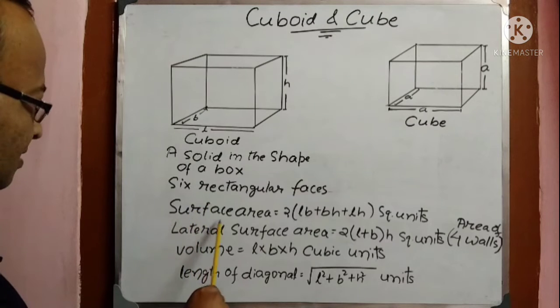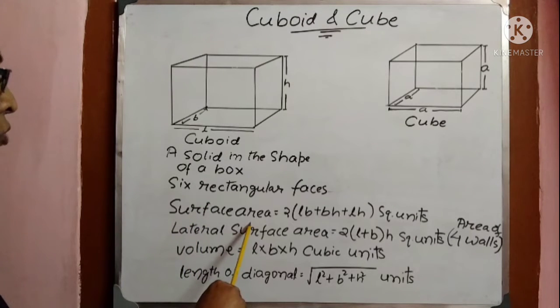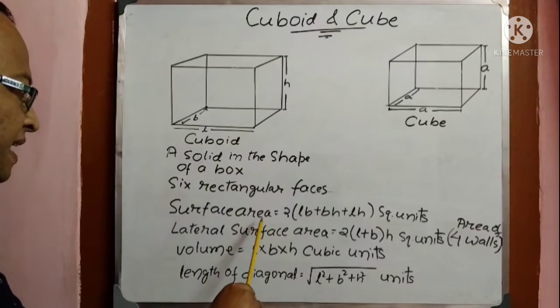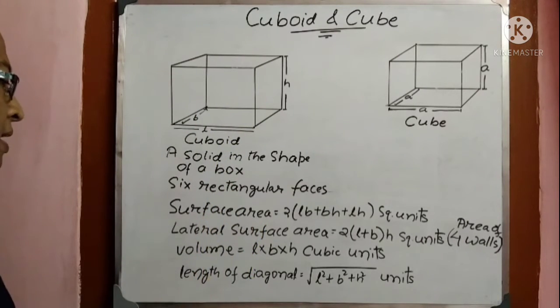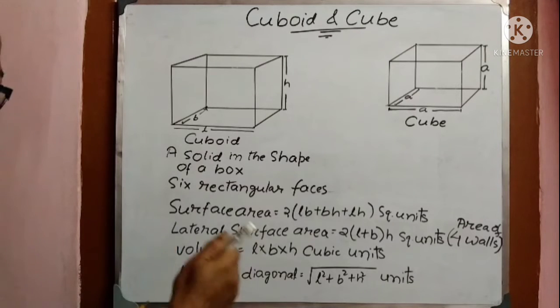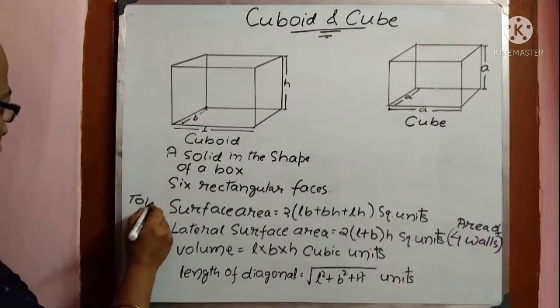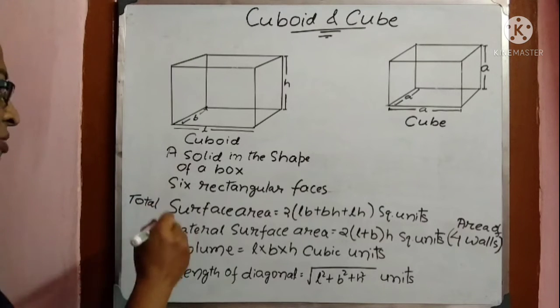So what is the surface area? How to calculate the surface area of the cuboid? Surface area is also called total surface area. Questions may come, find out the total surface area, it remains the same.